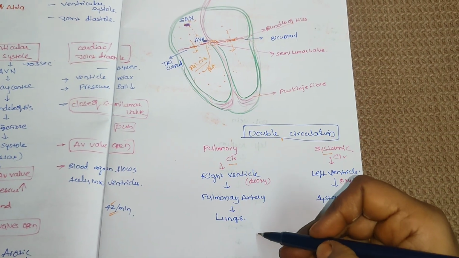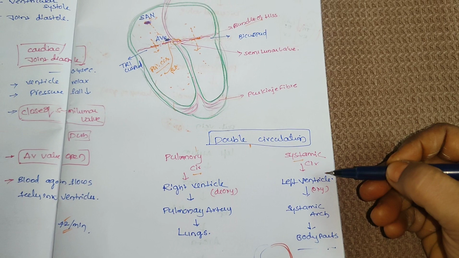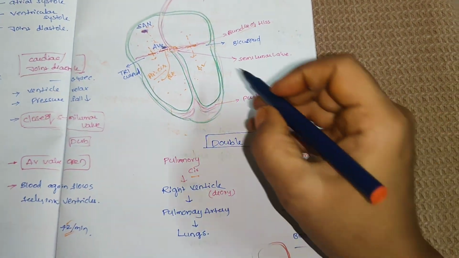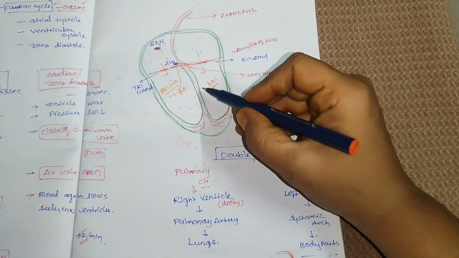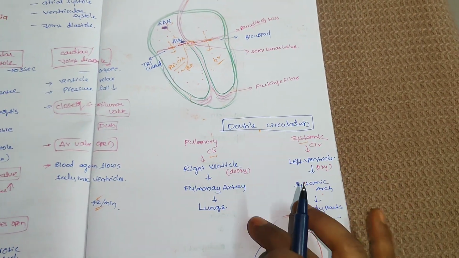That is called pulmonary circulation. Deoxygenated to oxygenated. Then systemic circulation starts from the left ventricle, the opposite. Here oxygenated blood from the systemic arch reaches the aorta, then the body parts. So this is the double circulation.